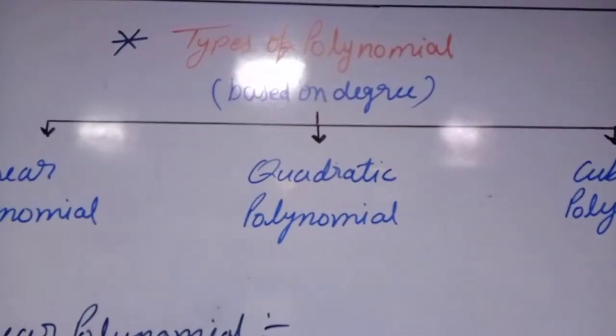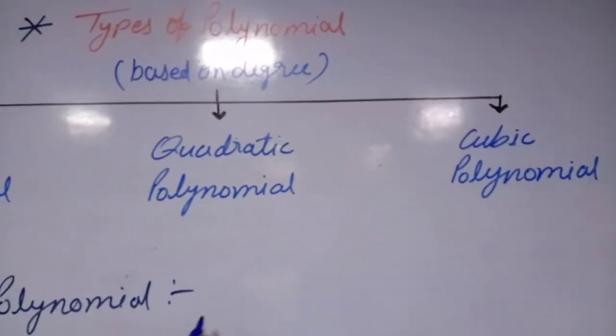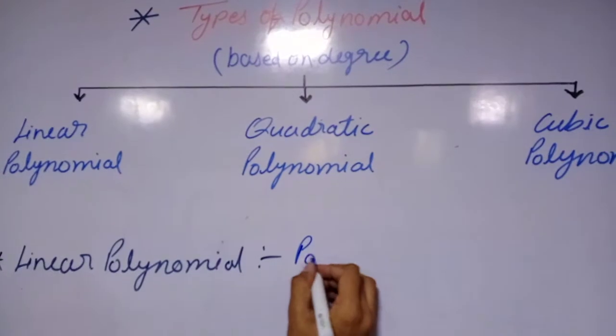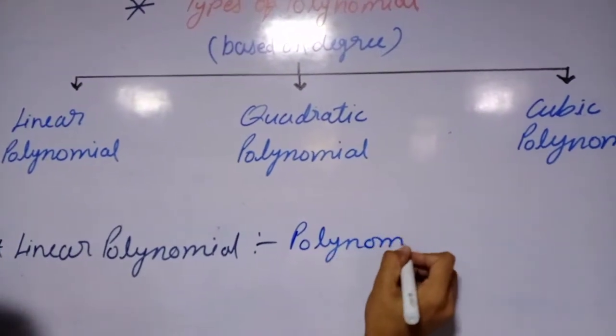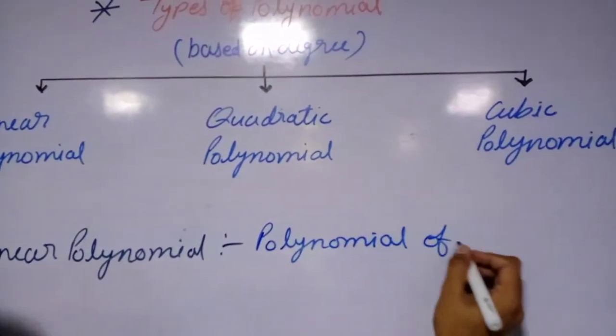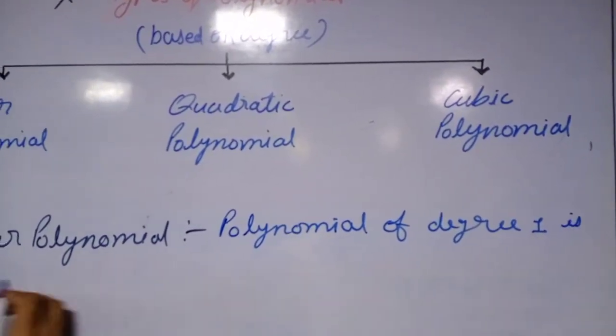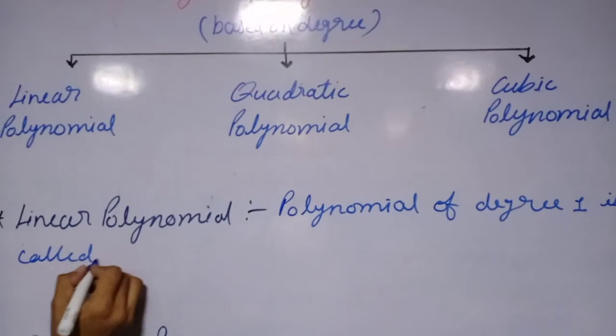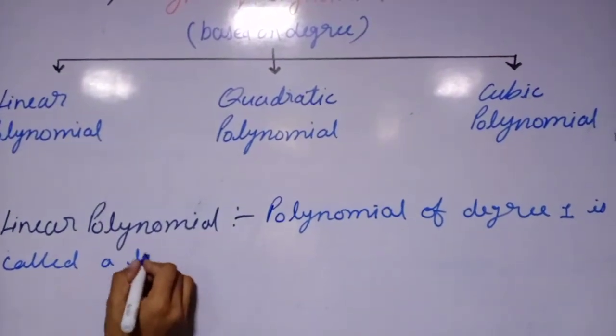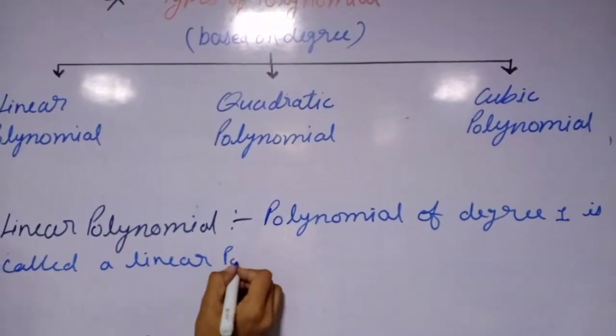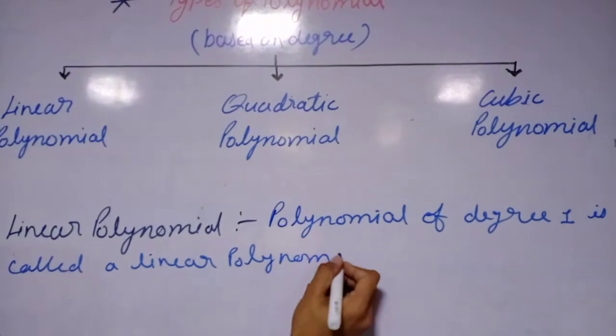Whenever we are talking about the linear polynomial, that is a polynomial of degree 1, called a linear polynomial.